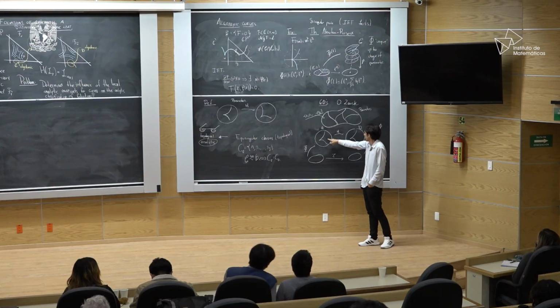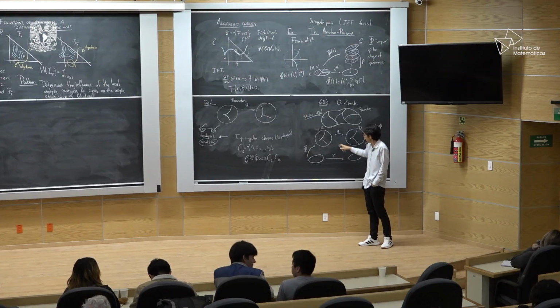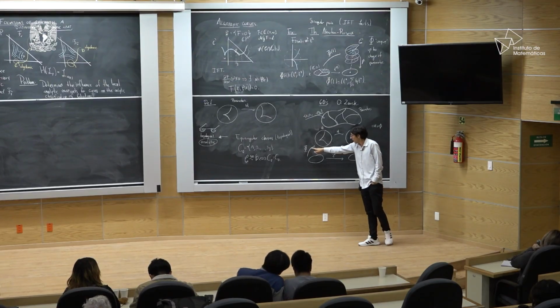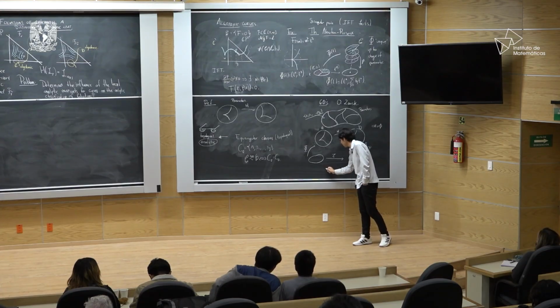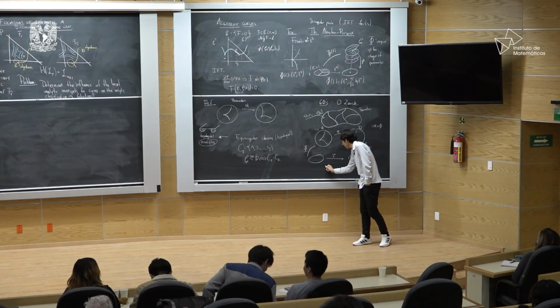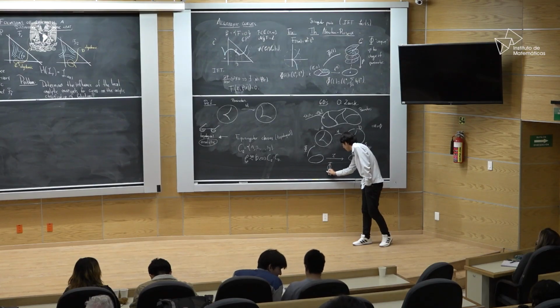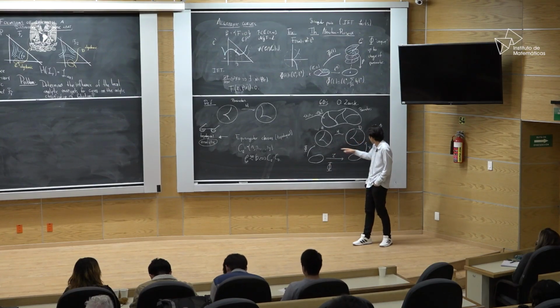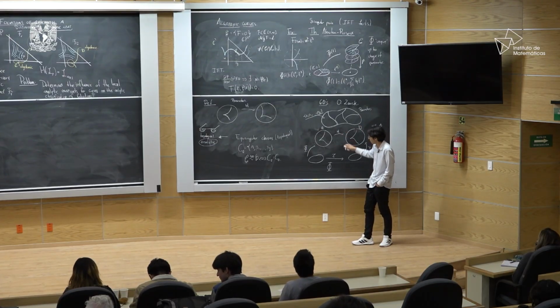So the analytic equivalence between the branches gives us a kind of equivalence between their Puiseux parametrizations. So he introduced the notion of A-equivalence between the parametrizations of the curves.